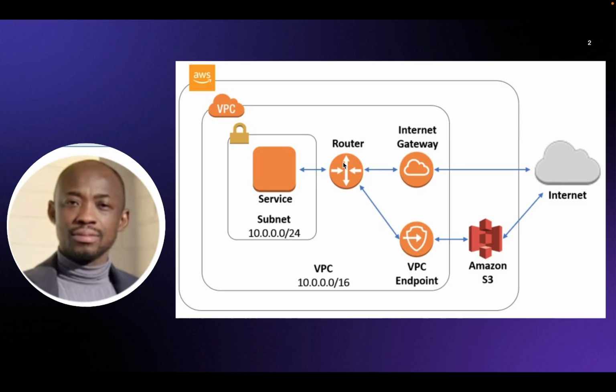In a normal scenario, if you do not have an endpoint, and you have, let's say, a NAT gateway, what is going to happen? Your EC2, when you provision your NAT gateway, is going to go via the NAT gateway to your internet gateway, and then it will be on the internet. The internet, think about it, is a public place. If you don't want to traverse over the public internet, then you need to use the endpoint.